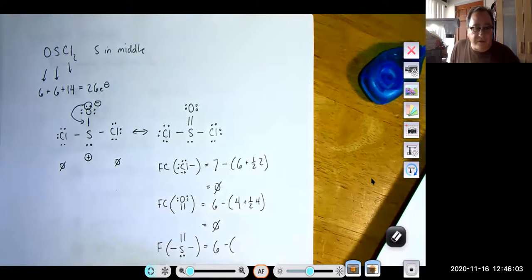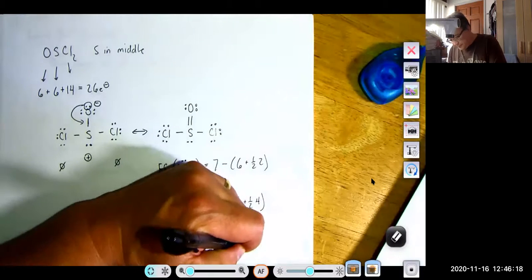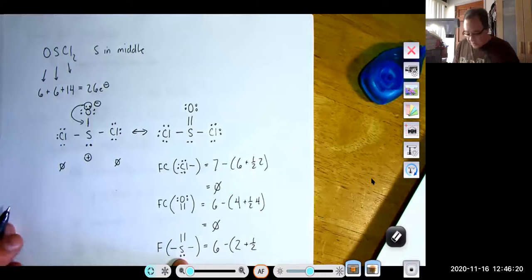Okay, so I'm going to figure out the formal charge on sulfur here. Sulfur is in group 6A, so it has 6 valence electrons. The number of non-bonding electrons are 2. And the number of bonding electrons are 8.